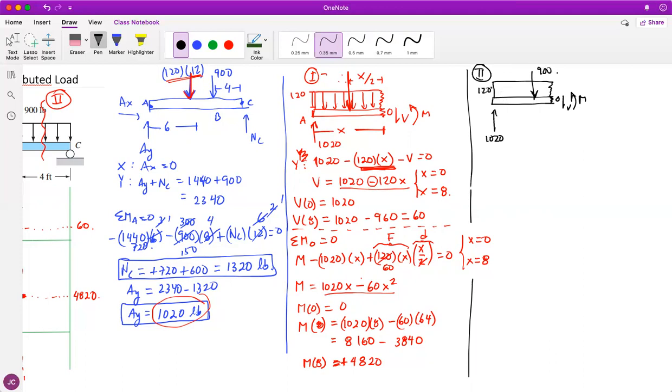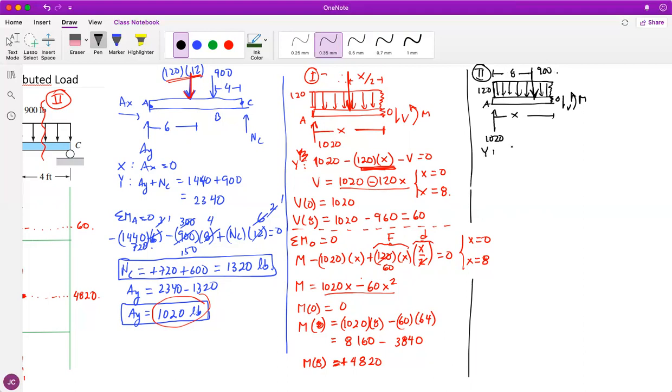This thing is still 120, the height of this distributed load. This thing is still X. And if you need more information, from here to there is 80 meters. At 80 meters from this point A is where this 900 is acting down.